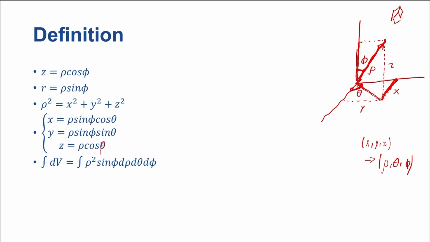If I want to take the integral of a three-dimensional spherical unit, I will need to convert that into the integral of rho squared sine phi d rho d theta d phi. So this is our measure. Similar to how in cylindrical coordinates we had dV equals r dr d theta dz, we have a new formula for spherical coordinates that is a little more complicated, but it works out.